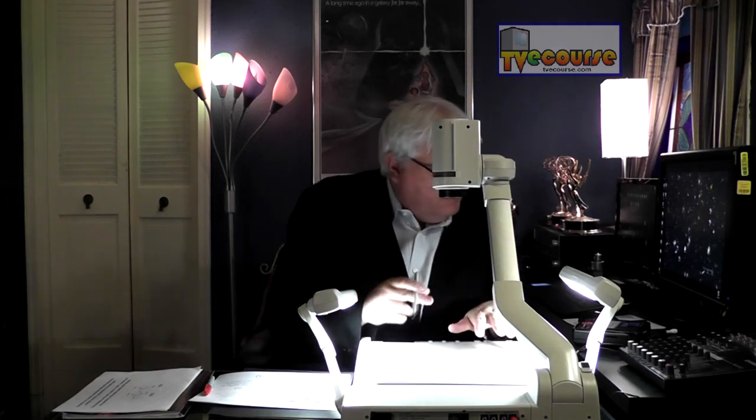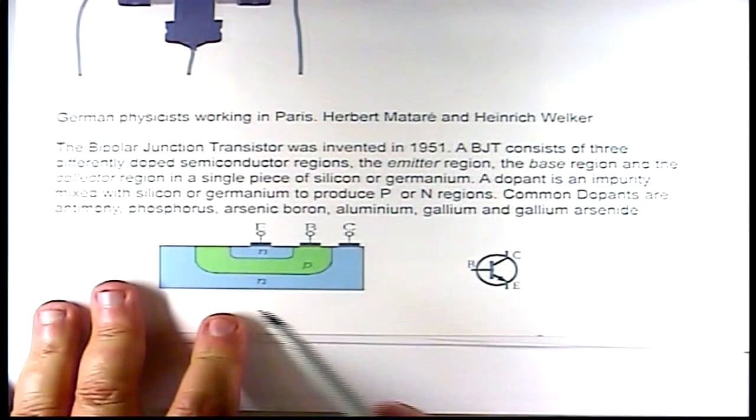It's on a single piece of silicon or germanium, and an impurity called the dopant is added to it to produce a P or N region. Common dopants that are used to create regions of a transistor are antimony, phosphorus, arsenic, boron, aluminum, gallium, and gallium arsenide.